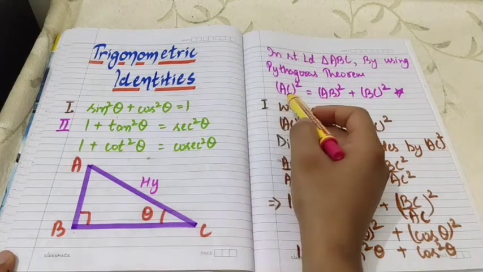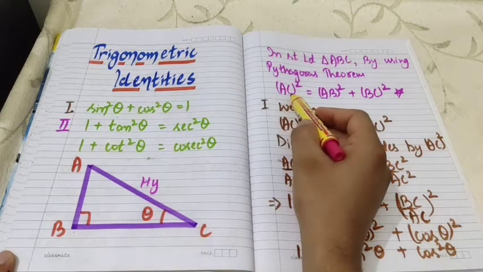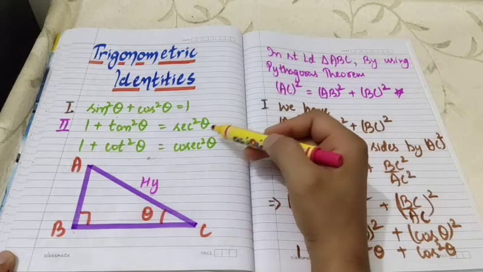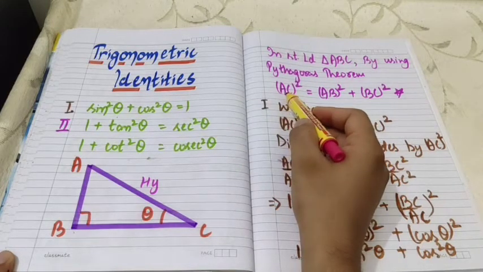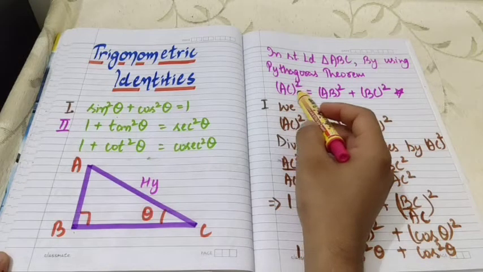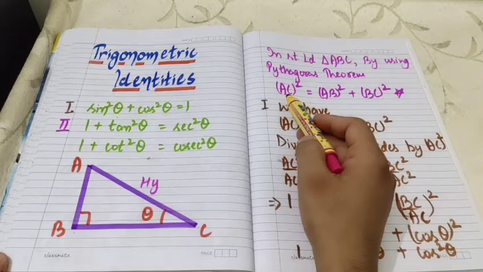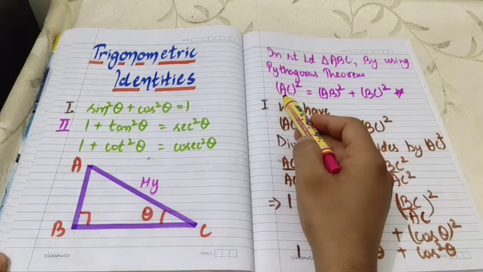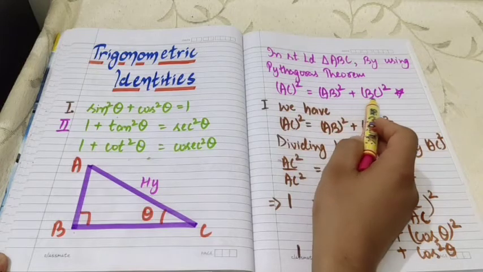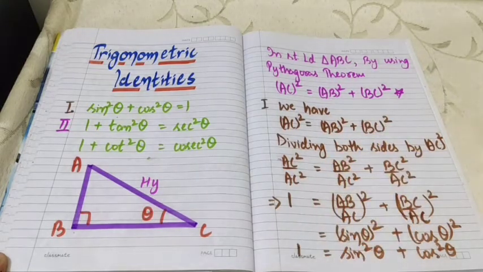So AC square can be converted into secant square theta if it is divided by BC square. And again, since we are dividing the left hand side by BC square, to maintain the equality we have to divide the right hand side by BC square as well.